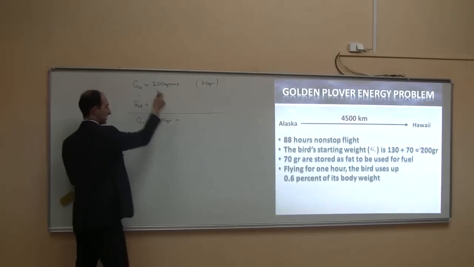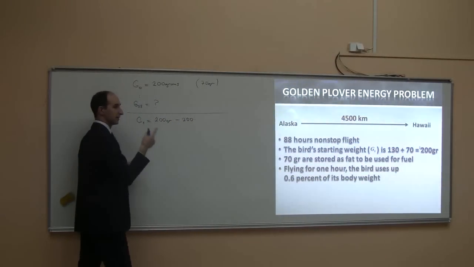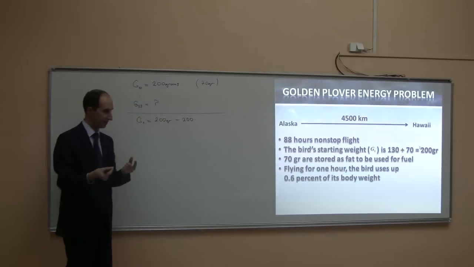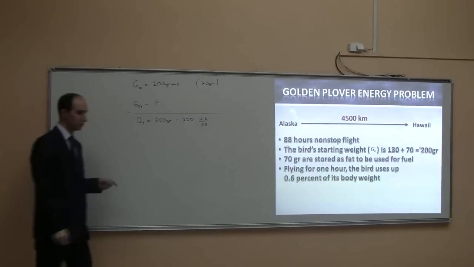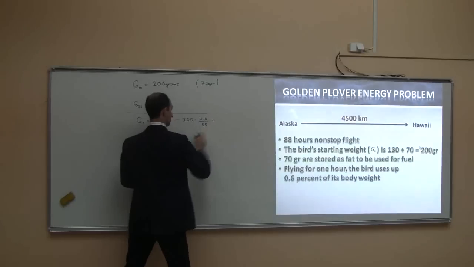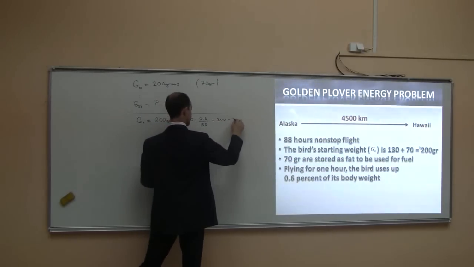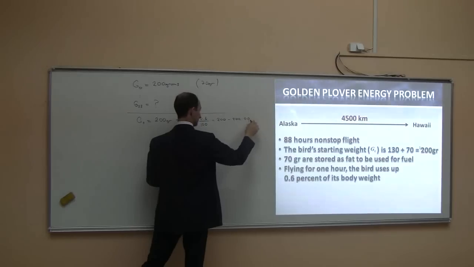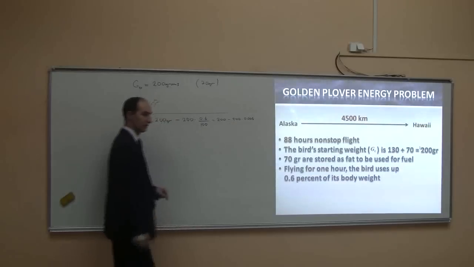What was the starting weight? 200 times 0.6%, but you should write that percent in this form. So it gives you G of 1. Maybe we can write this as 200 minus 200 times 0.6 over 100, and it will be G of 1.